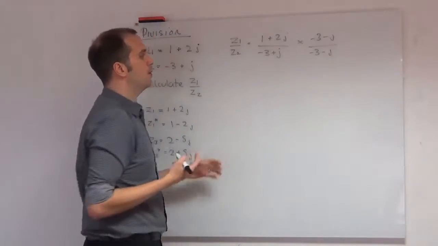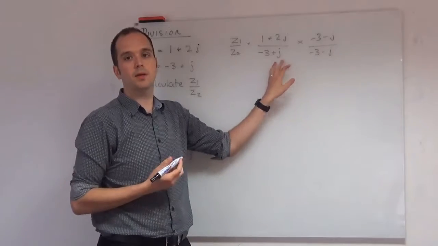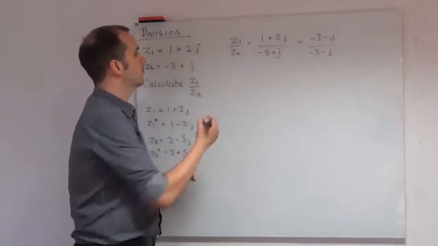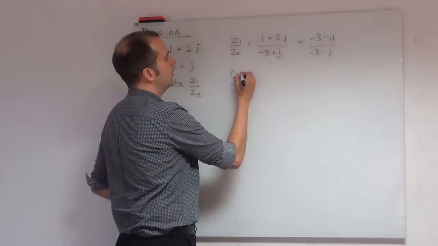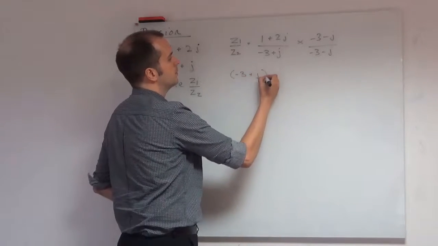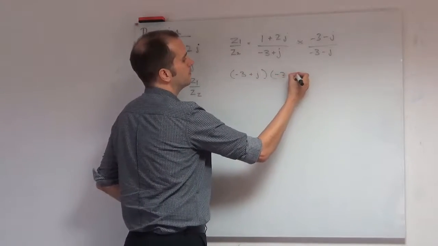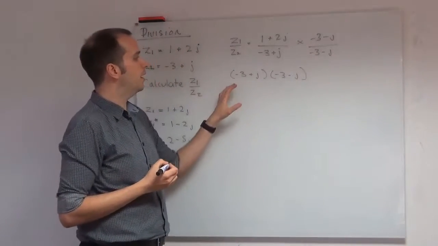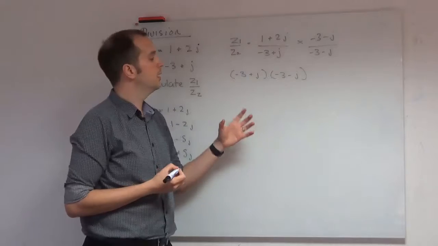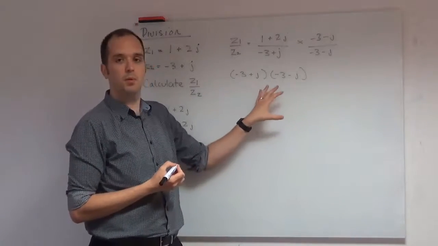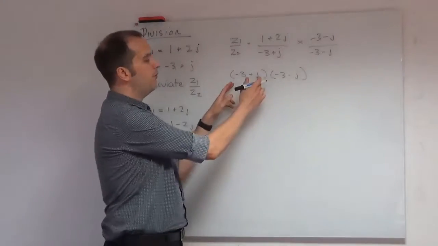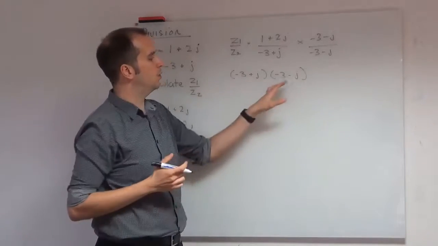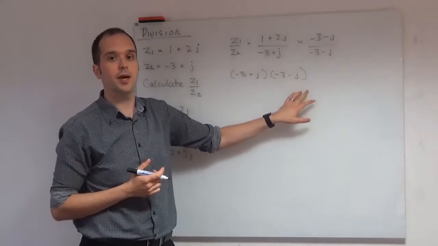Let's see what happens when we multiply a complex number by its conjugate. So we're going to have minus 3 plus j, and then minus 3 minus j. You should recall from an earlier video how we multiply out two complex numbers, but we'll go through it again. Every term in the first bracket has to multiply every term in the second bracket.